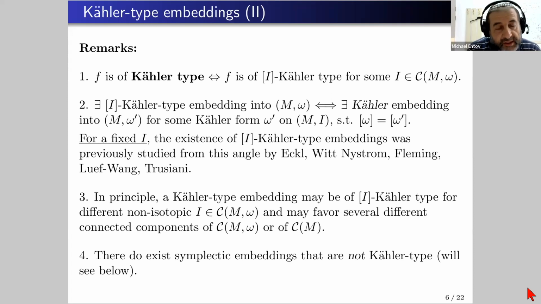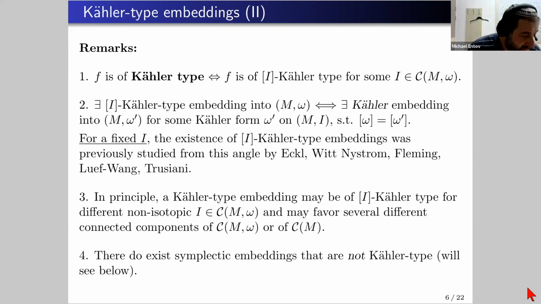So you just give me an arbitrary symplectic manifold admitting Kähler structures, then I probably won't be able to say anything about the existence of Kähler-type embeddings or whatever.